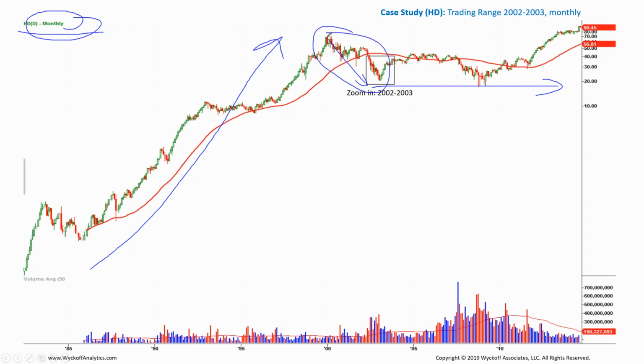It's a significant change of character. It's not the change of character that we had here, or let's say here. It's twice as large, maybe even 3 or 4 times as large. So that suggests that the duration of the trading range is going to increase.